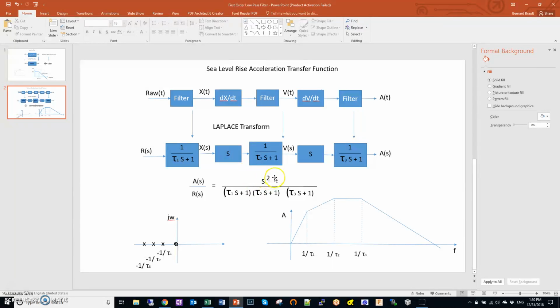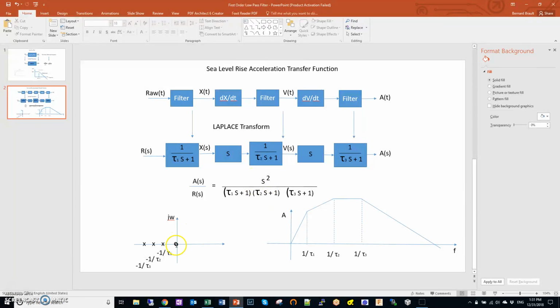The roots of the numerator here are referred to as zeros. If I plot the roots on a complex plane, on the y-axis you have the imaginary axis that represents frequency, and the real axis is here. All the poles and the zeros are real numbers in this case, not complex numbers.